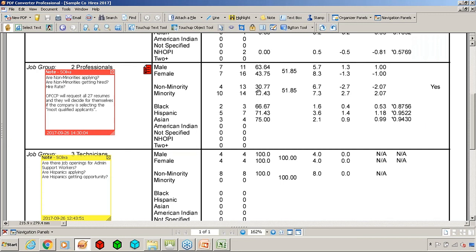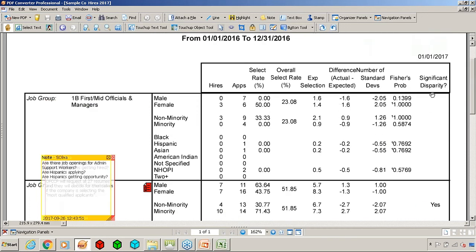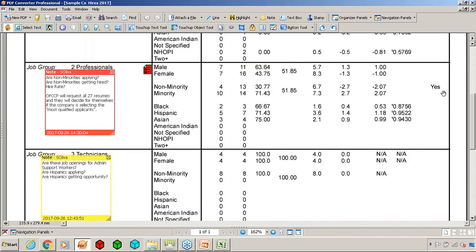So whenever this ratio shows a difference in the selection rate that is much higher or lower, it does indicate a flashing notice of significant disparity, which is an indicator of discrimination.